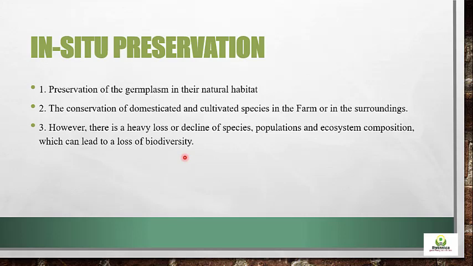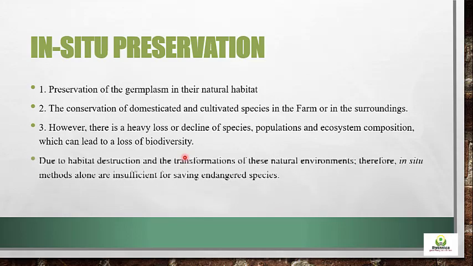You will find the particular species in a 1 to 2 kilometer area, and beyond that area you will not find that particular species. So some plants or species are very restricted to their habitat, so there is a need to preserve their habitat. Due to habitat destruction and the transformation of these natural environments, in situ methods alone are insufficient for saving endangered species.